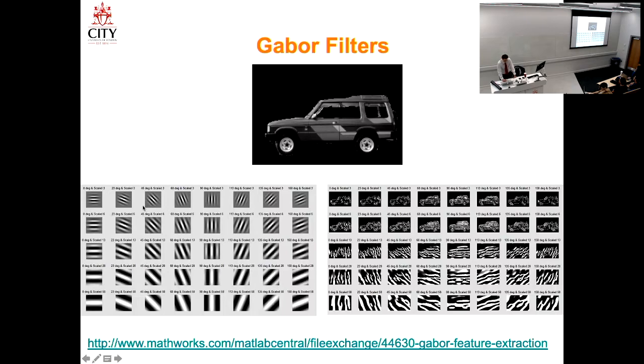Or if 45 degrees is higher, then I say this is probably on a 45 degrees edge, right? So with this bunch of filters, I can calculate the orientation of the border that I have. So I apply all of these filters, and then I see which one is more powerful.